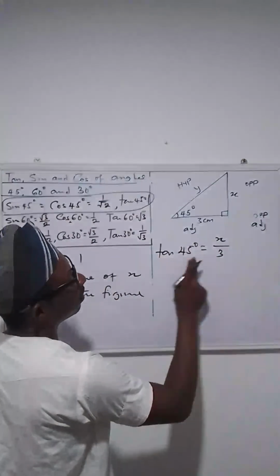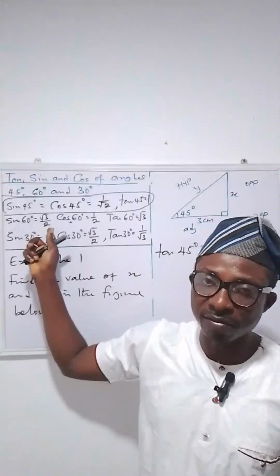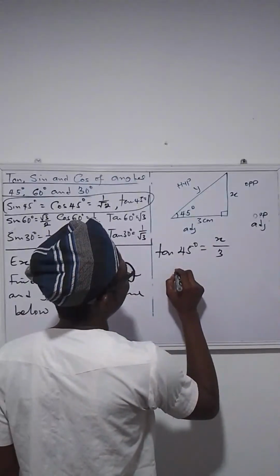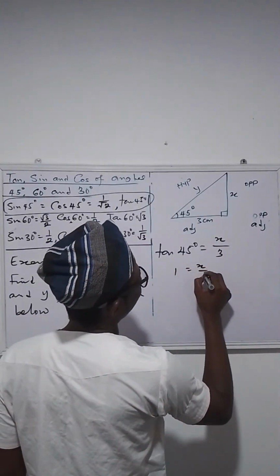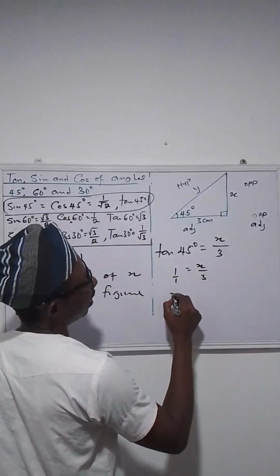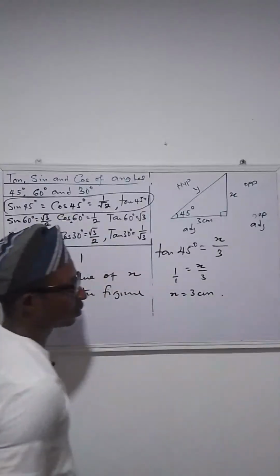Now you check this. Tan 45 is what? 1. Good. So tan 45 is 1, so we have 1 equals x over 3. You cross multiply, so you have x equals 3 centimeters.